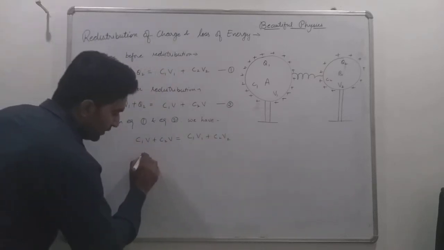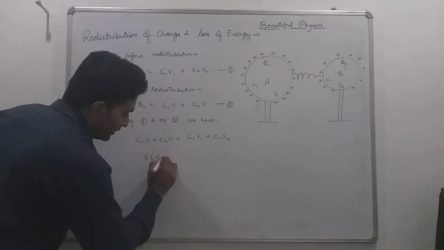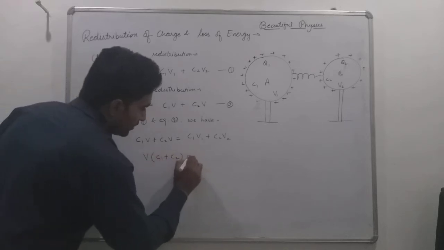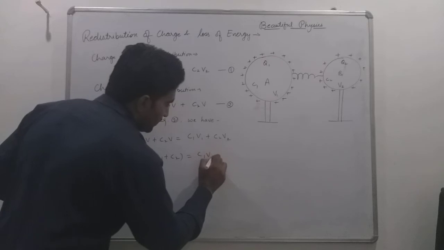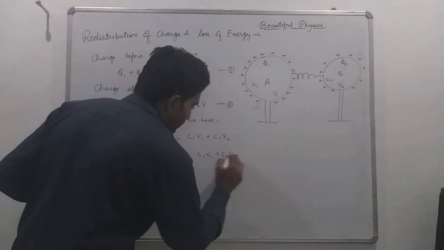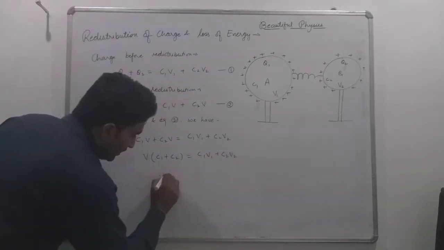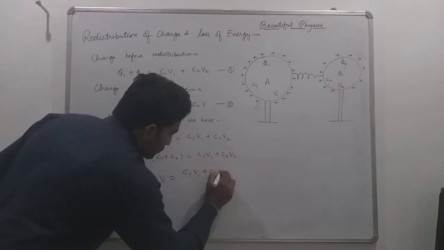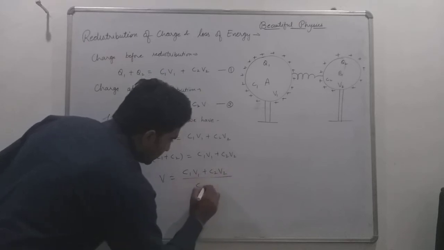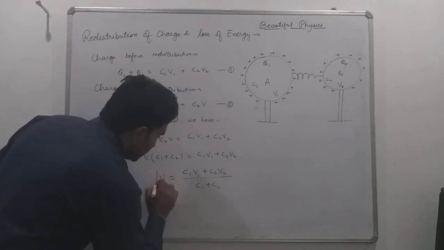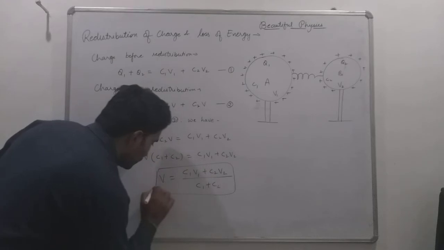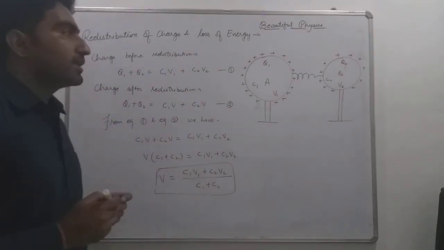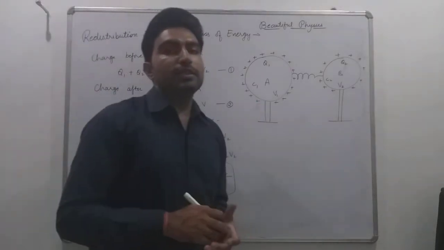We can take v common from there, then c1 plus c2 times v is equal to c1v1 plus c2v2, and v will be equal to c1v1 plus c2v2 by c1 plus c2. It is the result for the common potential acquired by the conductors when the charge is redistributed.